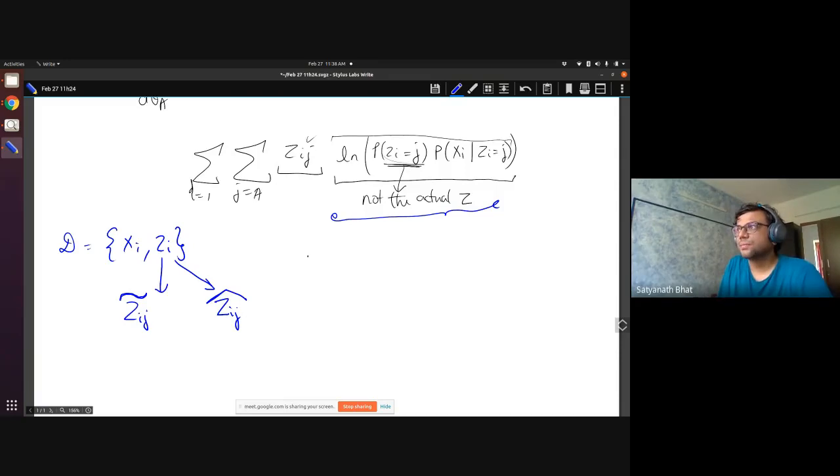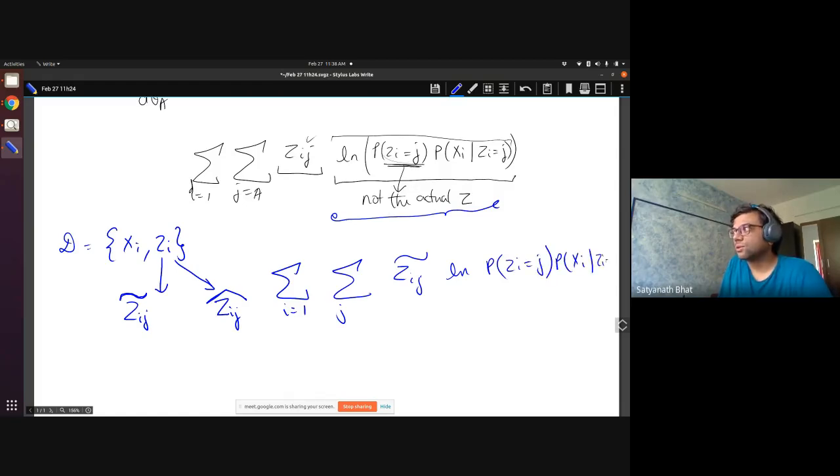What I'm saying is, if you write this summation over i equal to 1 to whatever, summation over j, this is Zij tilde, then you have ln p of Zi equal to j, p of xi given Zi equal to j, and then I have another term, i equal to 1 to something, j something.